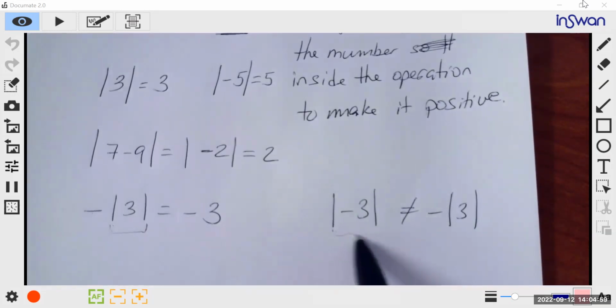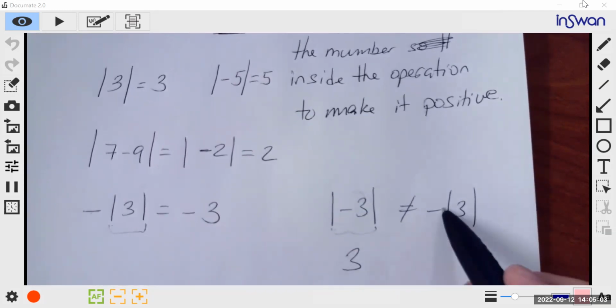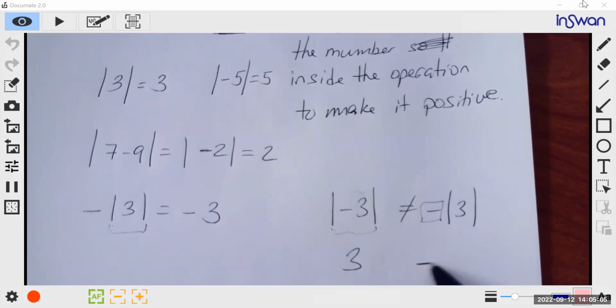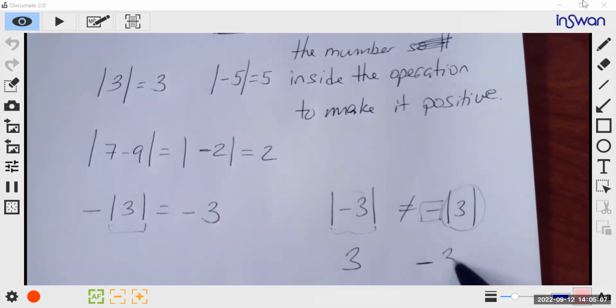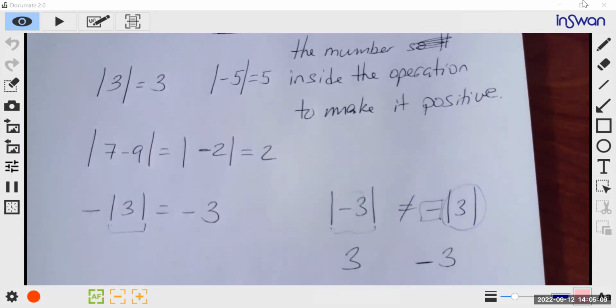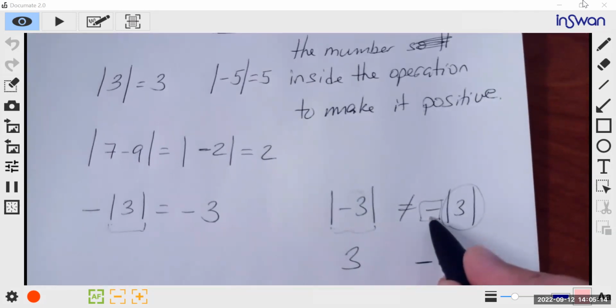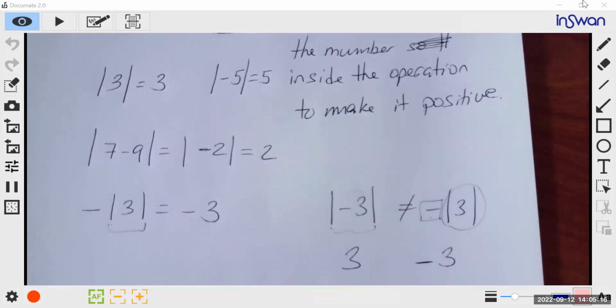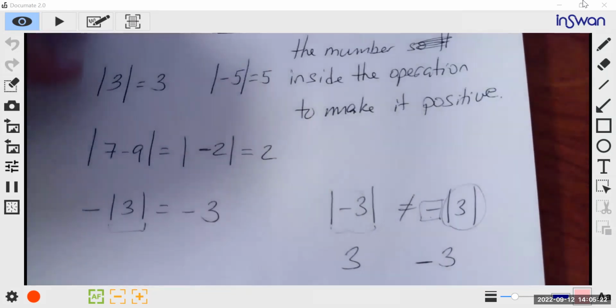This one takes the negative 3 and makes it into a 3. This one, the negative stays out there. Absolute value of 3 is still 3. Yes, it is an equation. It's actually negative 1 times the absolute value of 3. There's a 1 in front of everything instead of parentheses.